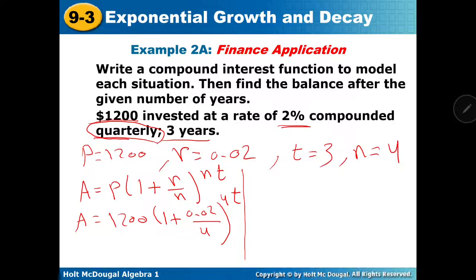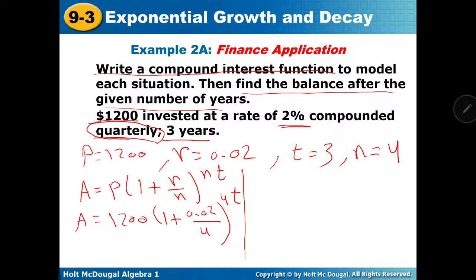You see that I leave the t at last because it says write a compound interest function. This is the compound interest function. Then it says find the balance after the given number of years. So in another step I will substitute for t.